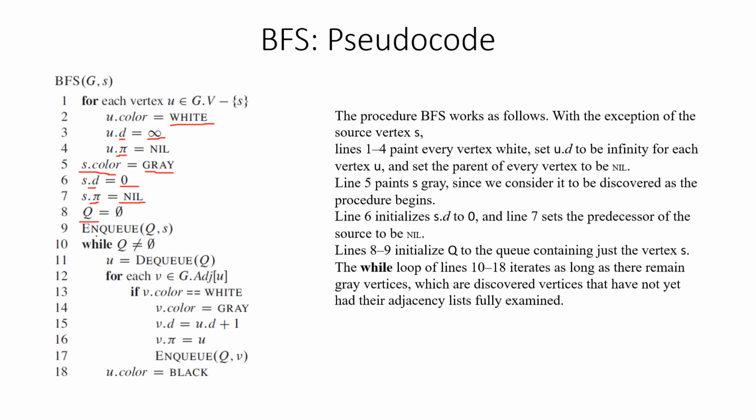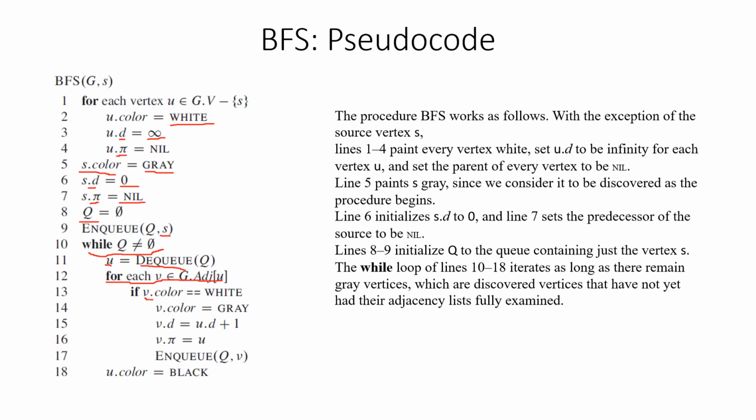Then we enqueue our S into the queue, then we run our while loop and say while the queue is not empty. Then inside the while we take out an element from the queue and we dequeue, so U.